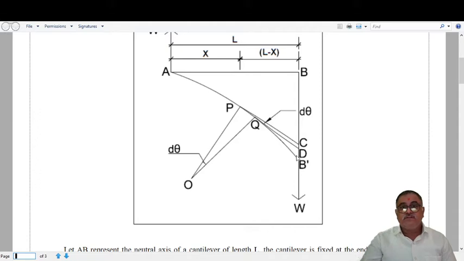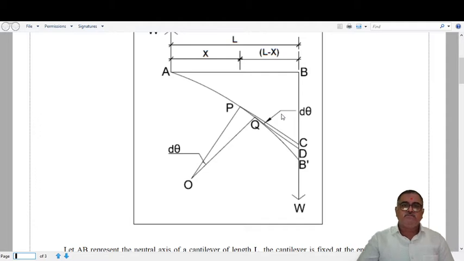Now see, the depression is in this way: this is AB dash, and it is depressed through the angle d theta.